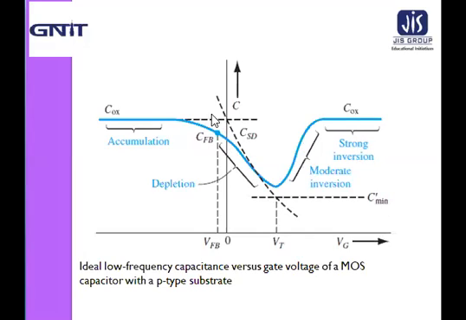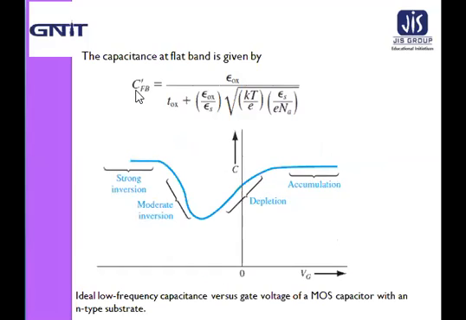The capacitance of this flat band condition, given as C prime FB, that is the flat band capacitance, equals epsilon OX by TOX plus epsilon OX by epsilon S, root over kT by e into epsilon S by e NA.